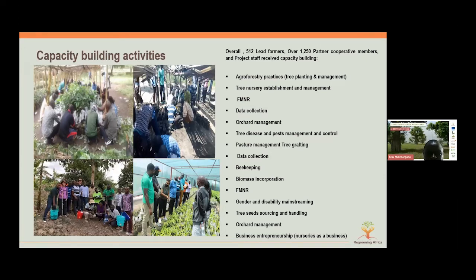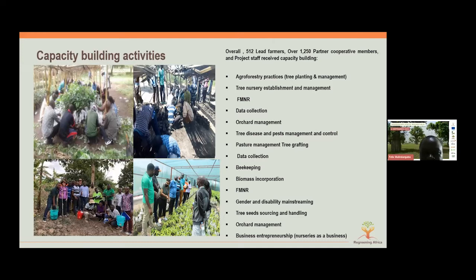The project provides capacity building to the farmers and the cooperative members to be able to succeed with this approach. There are quite a number of topics where capacity building has been provided, including agroforestry practice. This includes how to establish a nursery, how to prepare tree planting material, how to manage trees.